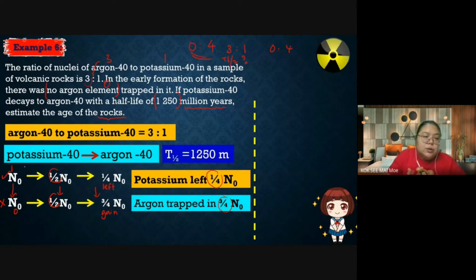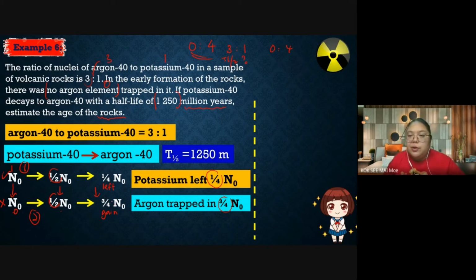So for case 1, we follow the half-life procedure. Case 2, the procedure is taken from the potassium. Originally this one is 1, this one is 0. When the potassium becomes half, the half you pass to the argon already. When it becomes 1 over 4, the rest you pass to the argon, so the argon gets 3 over 4.